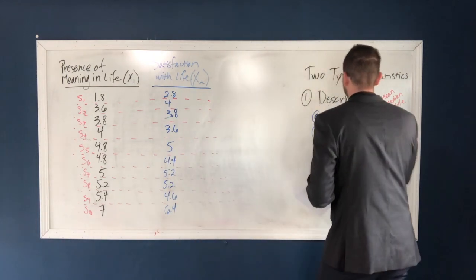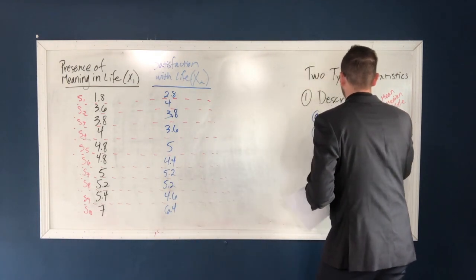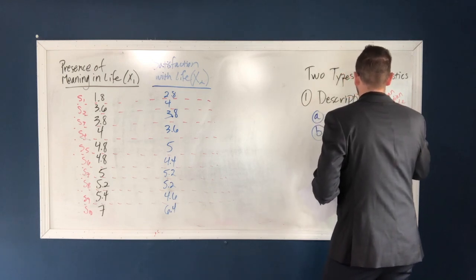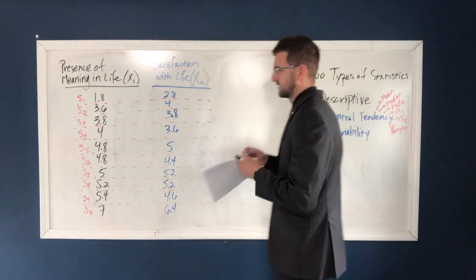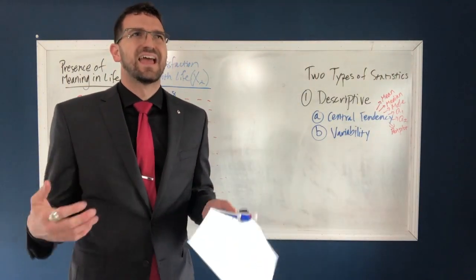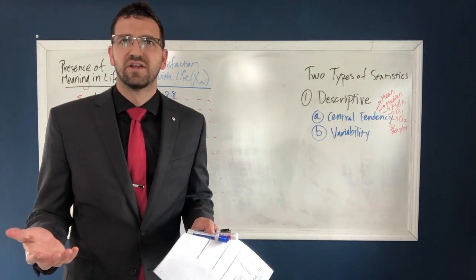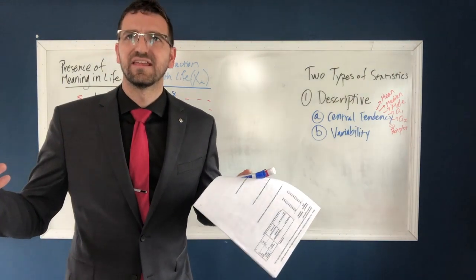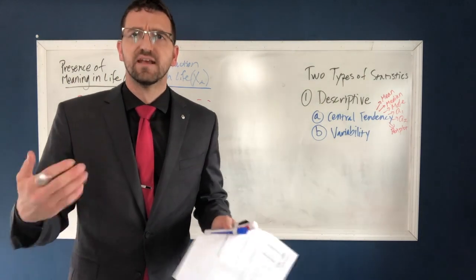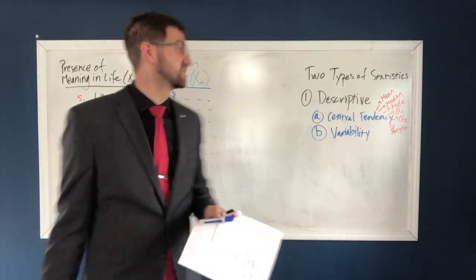The second type of descriptive statistics is going to be variability. So again, central tendency is going to help us figure out what the most frequent score is in a distribution of data, or what's said the most typical score in a distribution of data.